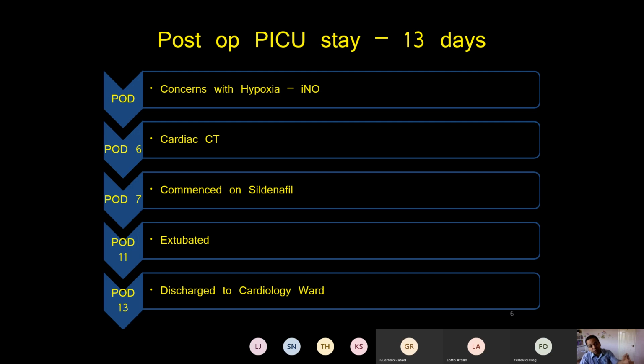From the pre-operative course, this patient is now moved into ICU. During the neonatal period and the first phase with the BT shunt, this patient stayed in ICU for 13 days. On the post-operative day and onwards, there were ongoing concerns about hypoxia while ventilated.